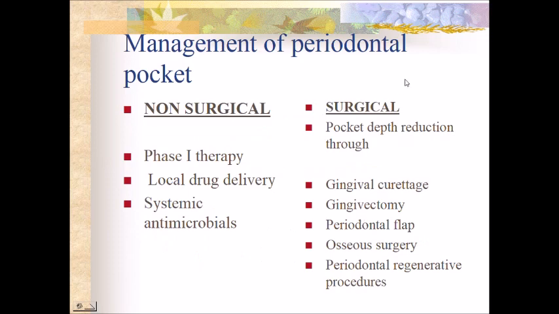Coming on to the management of periodontal pocket. Management will be non-surgical and surgical. In non-surgical, phase 1 therapy, local drug delivery and systemic antimicrobials. And in surgical, pocket depth reduction through gingival curettage, next gingivectomy or periodontal flap, various osseous surgeries and periodontal regenerative procedures.